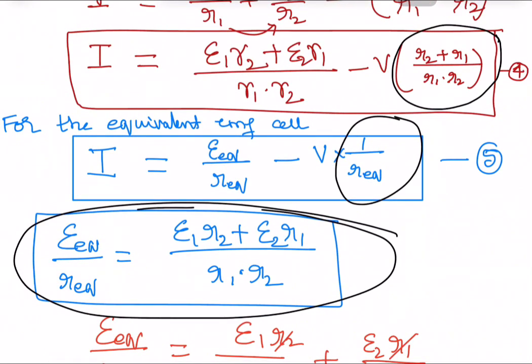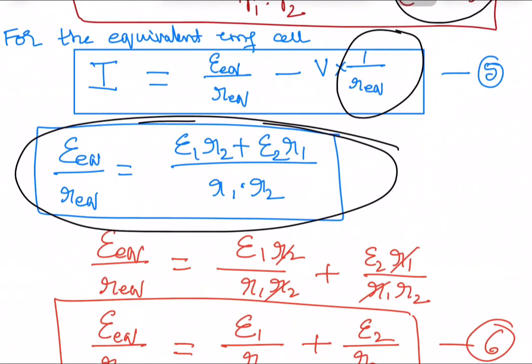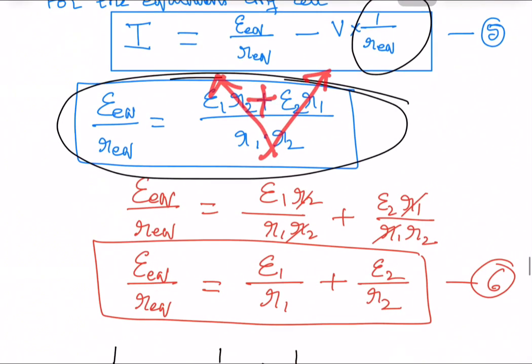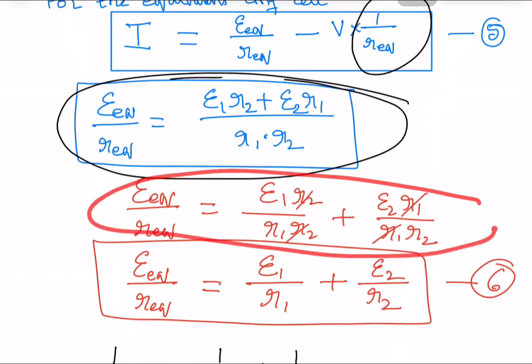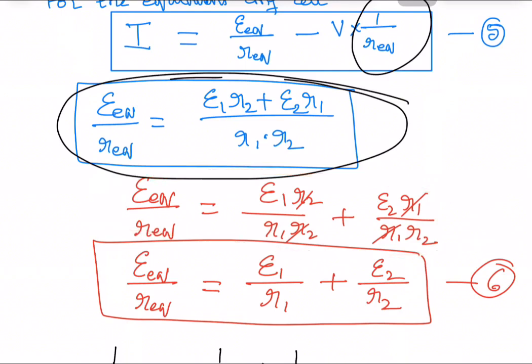you can write E equivalent by R equivalent is equal to (E1 R2 plus E2 R1) divided by R1 into R2. Now, again separate this into two fractions, fraction number 1 plus fraction number 2.